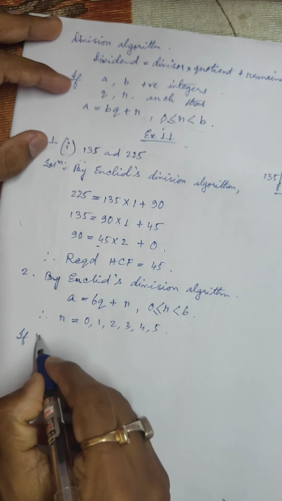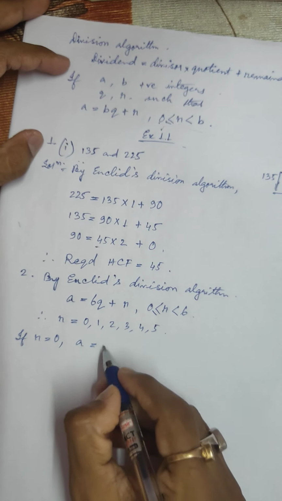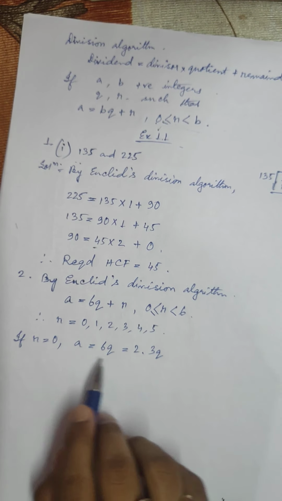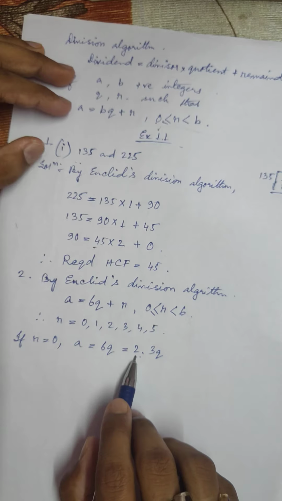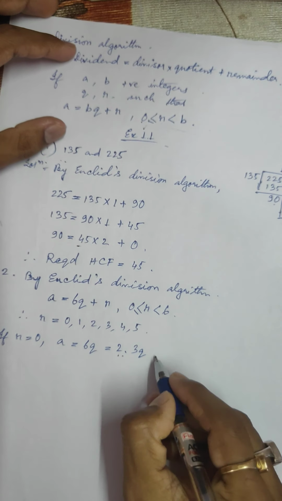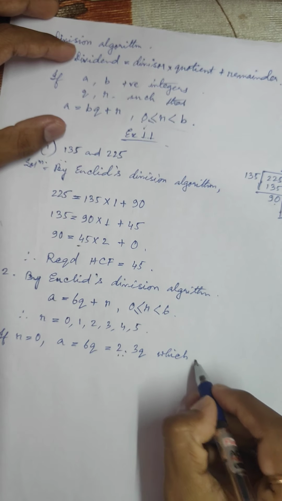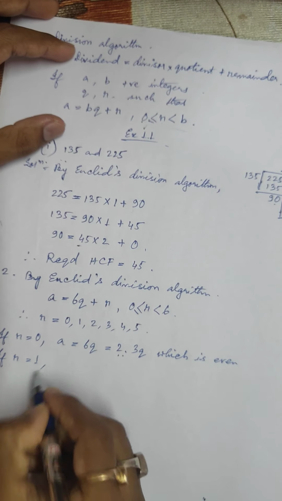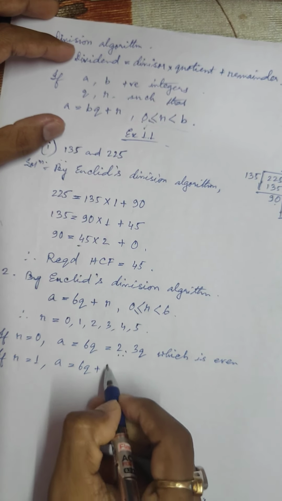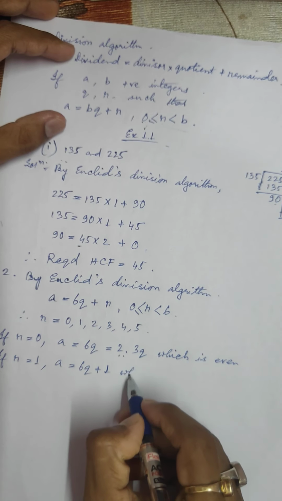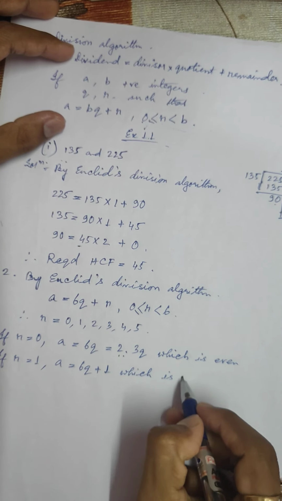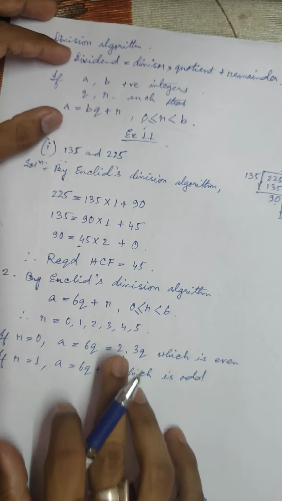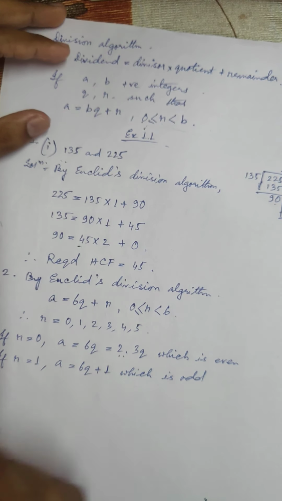Now if r equal to 0, then the value of a will be 6q. Now 6q we can write as 2 into 3q. If any number has a factor 2, then it is never odd, it is an even number. If r equal to 1, then a equal to 6q plus 1, which is odd, because it has no factor 2.